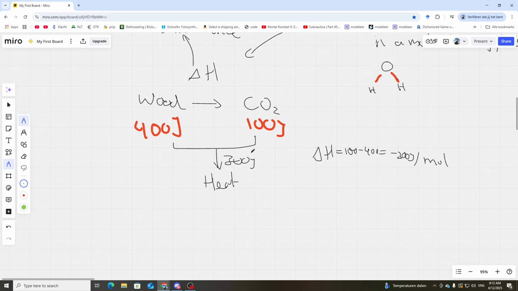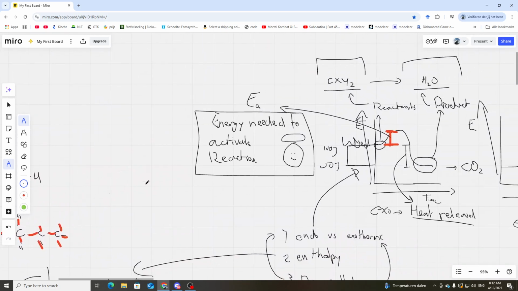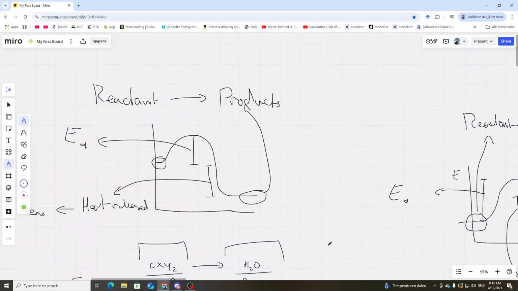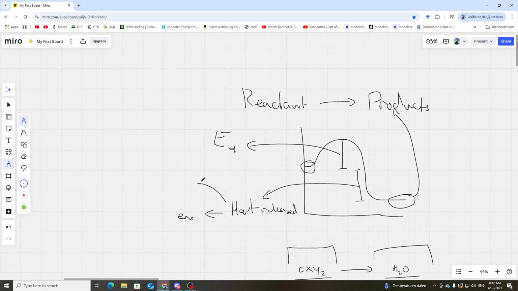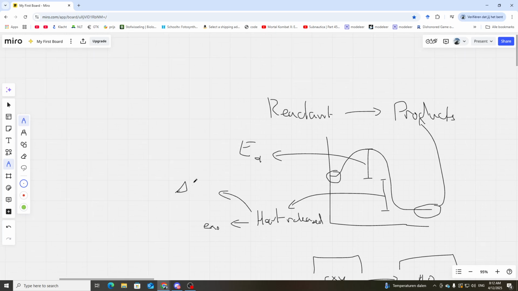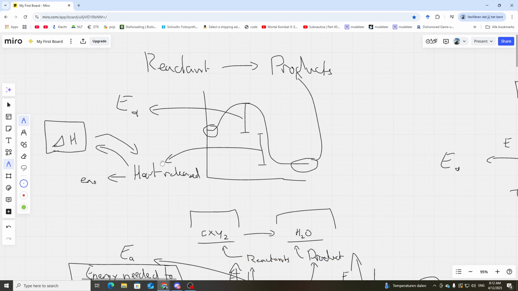So this is how delta enthalpy comes into play with our endo and exothermic graphs over here. That heat released is the same as our delta enthalpy. Yeah? The difference in the chemical energy from wood to CO2, that 300 joules, is what is released as heat.